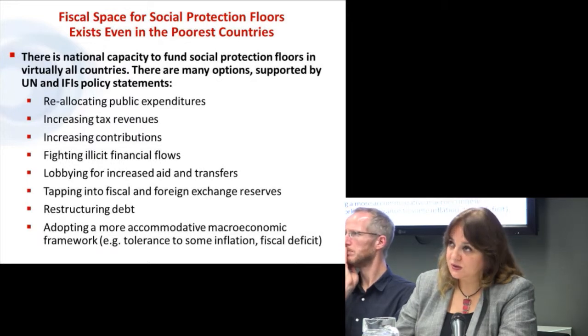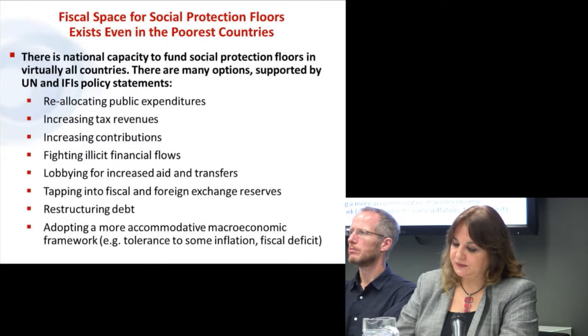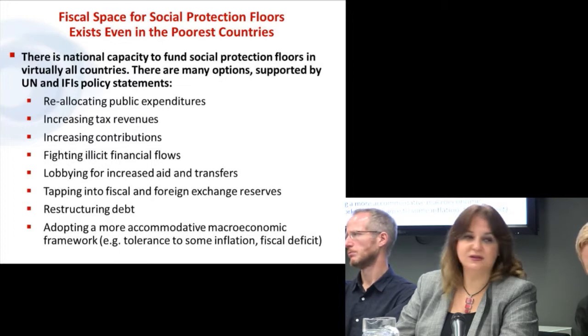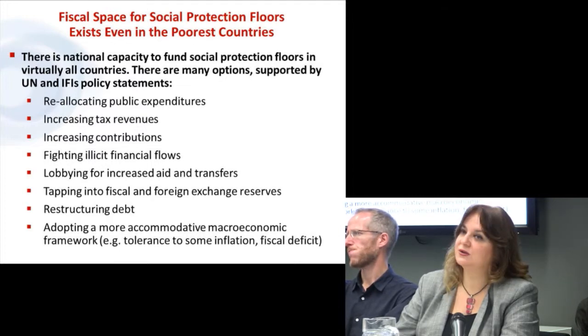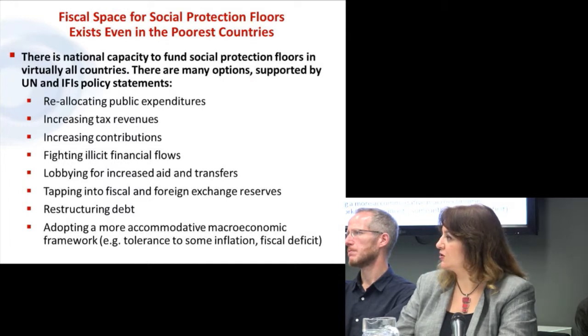And just to conclude, the key thing is that there is fiscal space for social protection even in the poorest countries. And now, because we are facing a number of orthodox policies, they are looking at the easier way to cut, which is social sectors, and asking populations to bear the cost of adjustment.